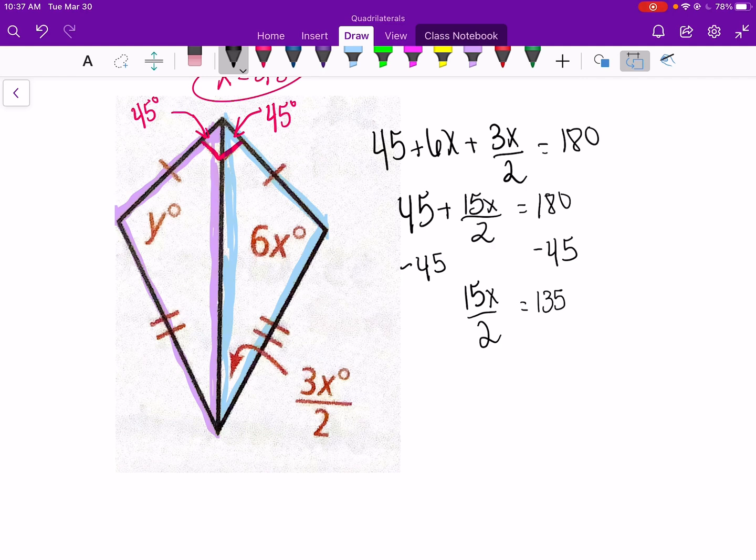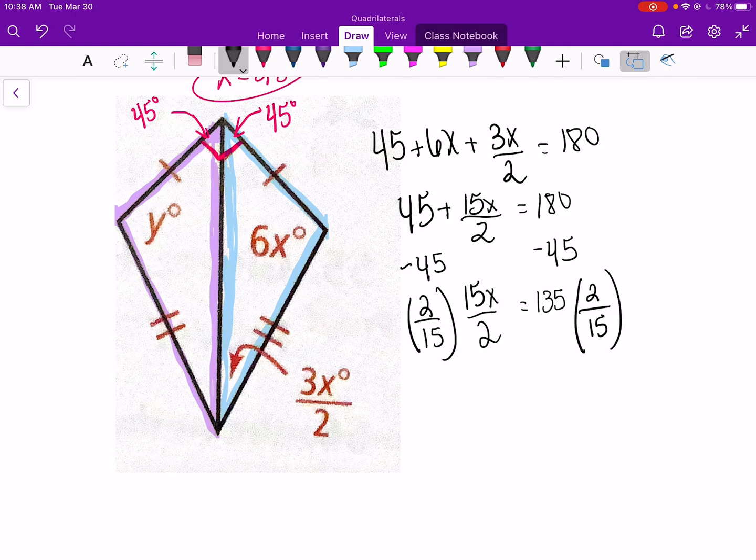Now, we need to solve for x. So I need to get rid of this 15 halves. What you could do is multiply by the reciprocal. You might have heard this in algebra. Reciprocal just means you flip the fraction.